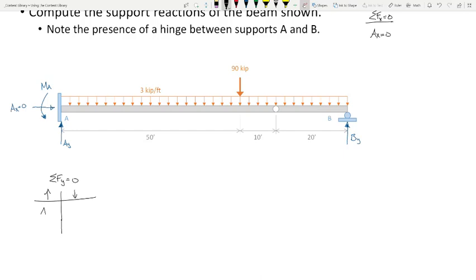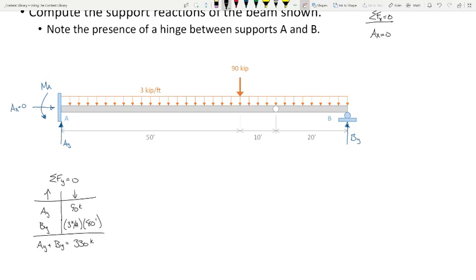I got AY, BY, and I have 90 kips, and I have 3 kips per foot times 50 plus 10 plus 20, or 80 feet, right? So AY plus BY is 330, right?